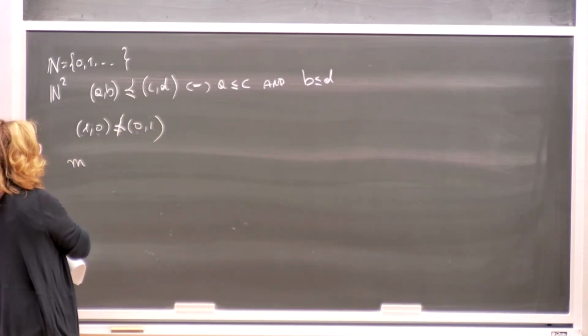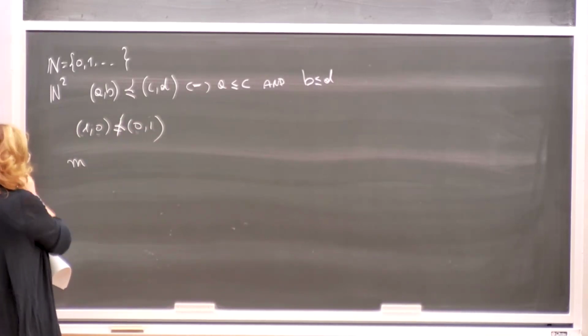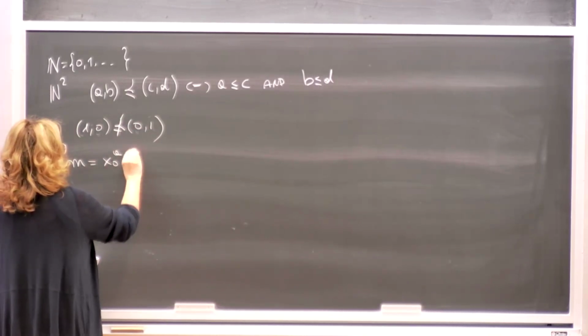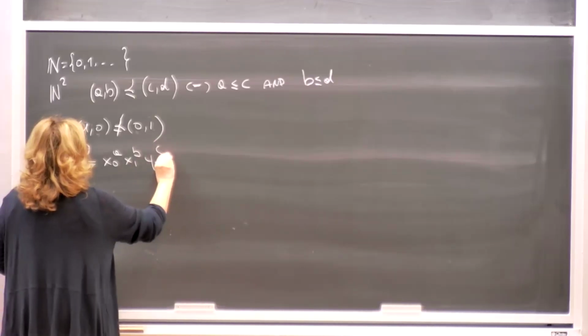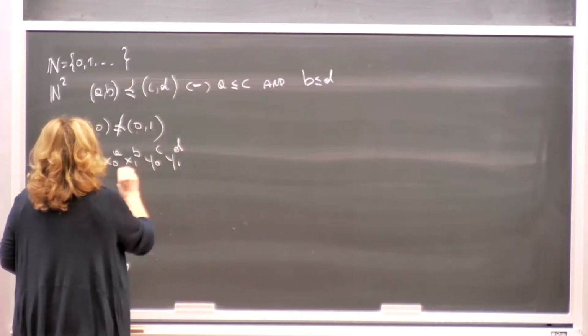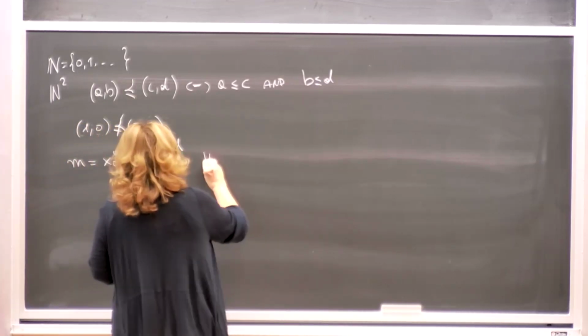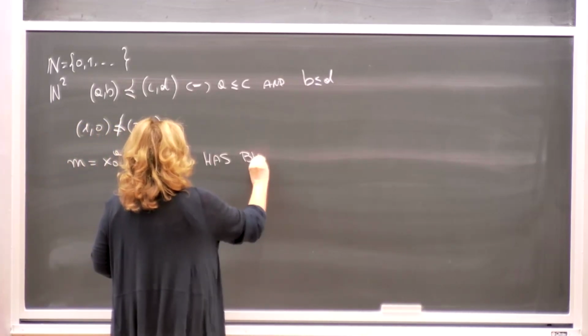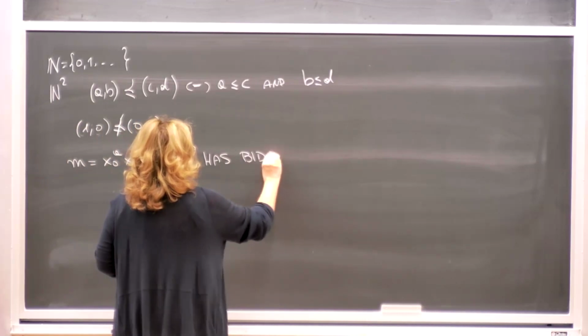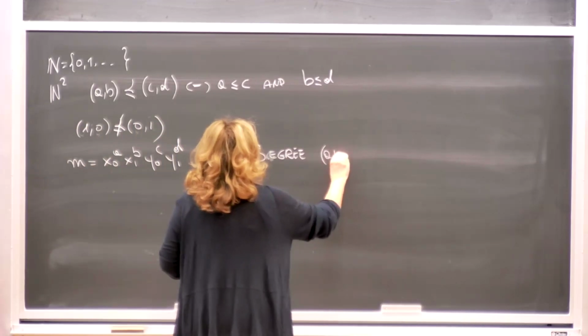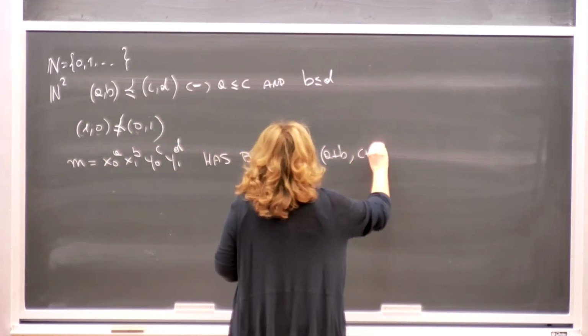If M is a monomial in R, it is of this type. Since we have the bigraduation, don't look at it as a monomial in P3, but as a monomial in P1 cross P1. So this has bidegree (A plus B, C plus D).